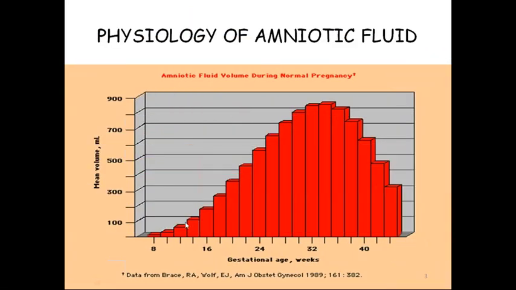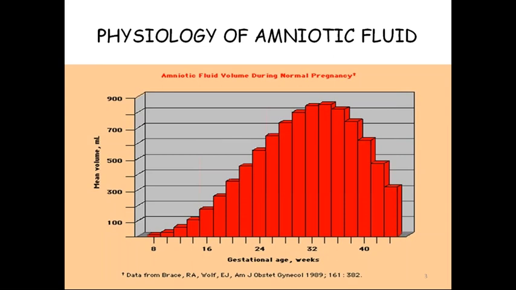Now, we can see from this slide the amount of amniotic fluid, which is variable. And to actually give more accurate data, we need to draw percentiles, and we can describe most of people between the 10th and 90th percentile.